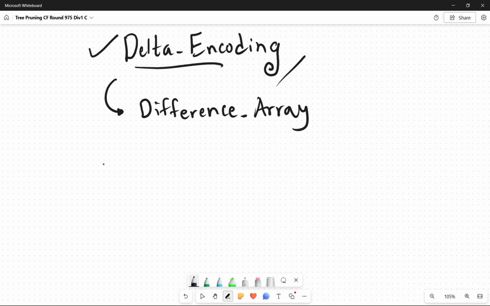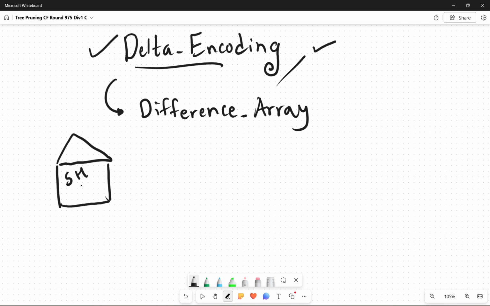Bear with me, let us deviate from our problem to understand what delta encoding is. Those of you who already know delta encoding can skip to the following part of the solution. Okay, suppose I run a shop.